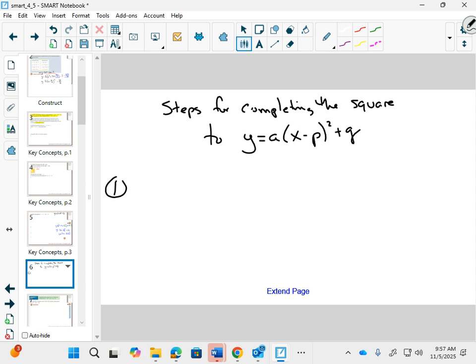Okay? So in blue, our example that we're going to start with is y equals 2x squared plus 8x. That's in general form. You know that it opens up because the a value is 2, but you don't know where the vertex is.